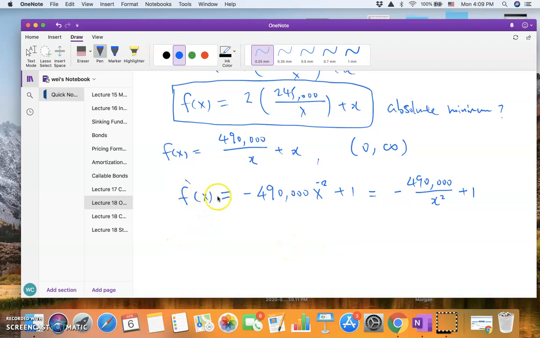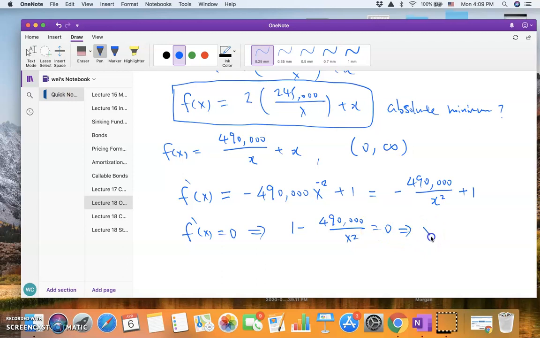After we find the first derivative, we can start finding the critical points. So we let the first derivative be 0. We have 1 minus 490,000 over x squared equals 0.